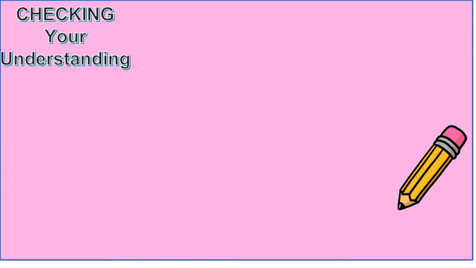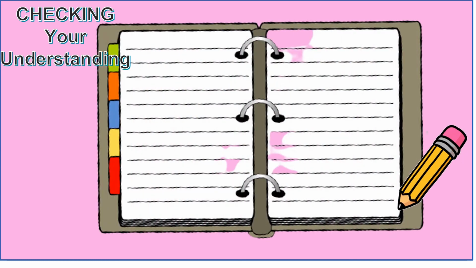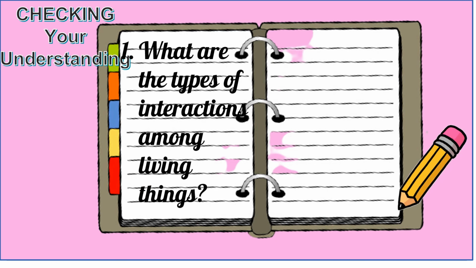Now class, I want you to get your science notebook and ballpen and perform this activity, which is checking your understanding. You are going to answer the following questions. For question number 1, what are the types of interactions among living things?